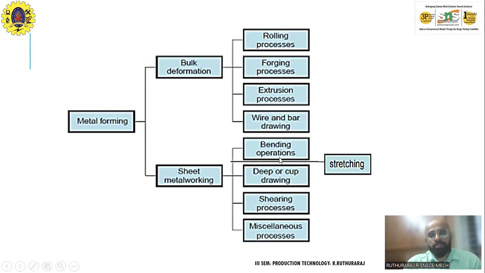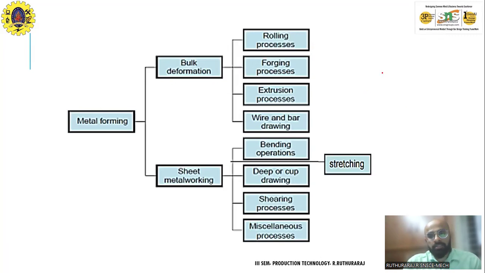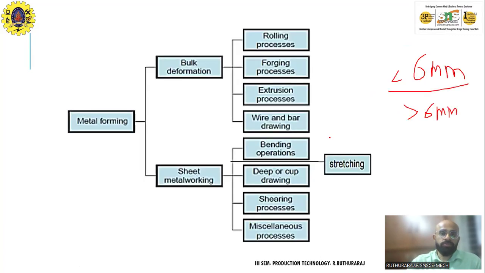Then we will get into sheet metal forming. A sheet metal is a metal which has a thickness of less than 6 mm. Greater than 6 mm, you can call it plates. That's the difference between sheet metal and plate. We will first see bulk deformation and then we will get into the sheet metal process.